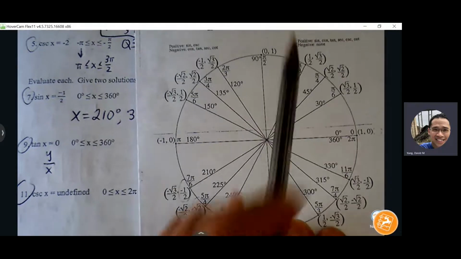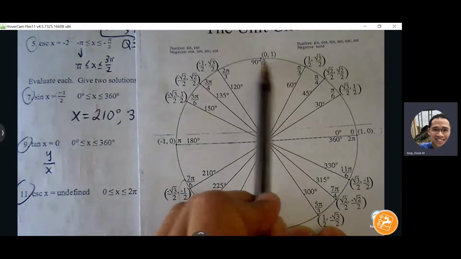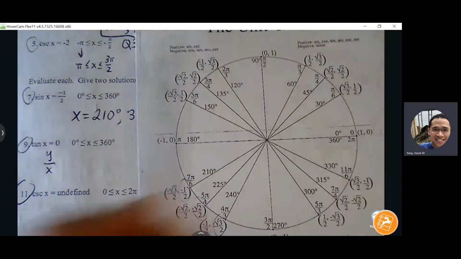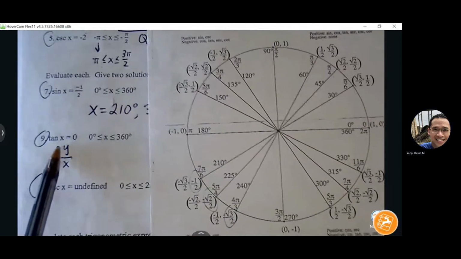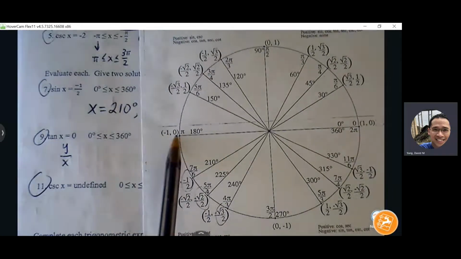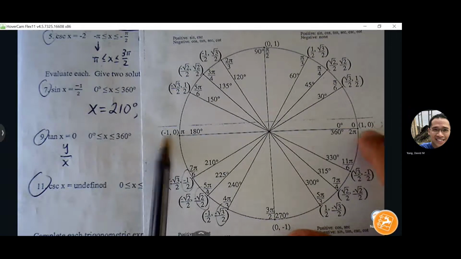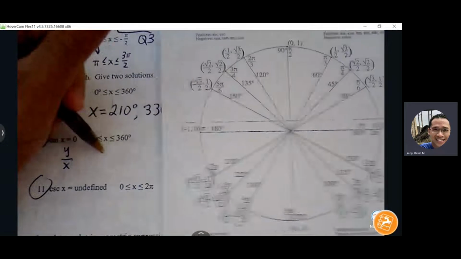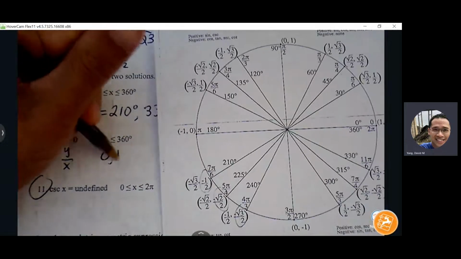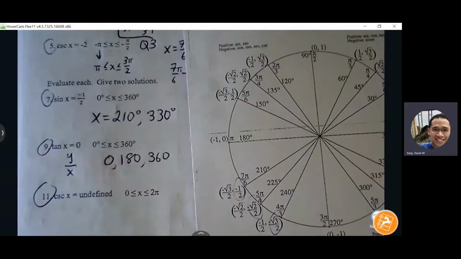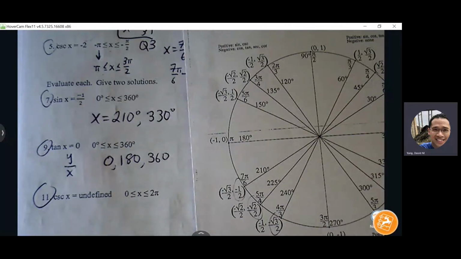Well, the problem with 270 is that if I do y over x, I get 1 over 0. And 1 over 0 is considered what? Undefined. So that's not quite the same thing as 0. I want 0 over -1, or 0 over 1. So here, I can say 0, 180, and I can even include 360. There are only 2 solutions, so 2 of those 3 will work.